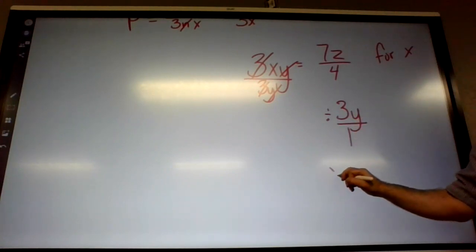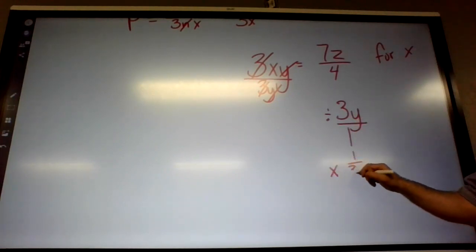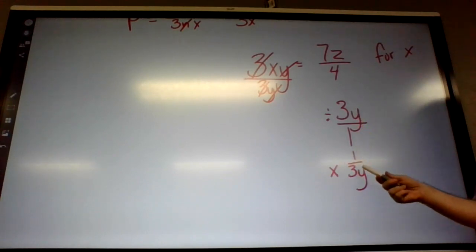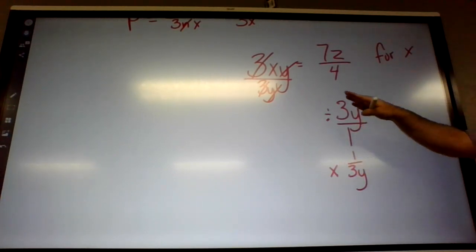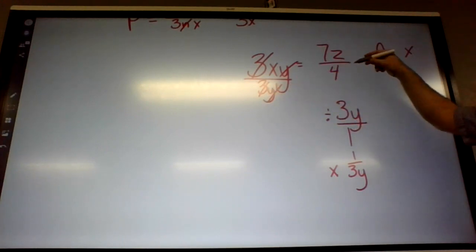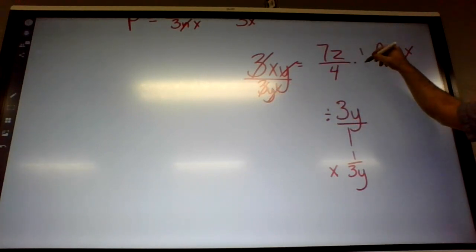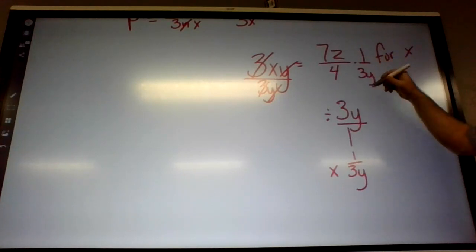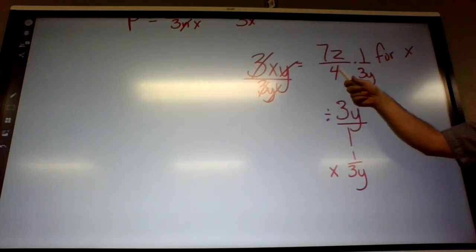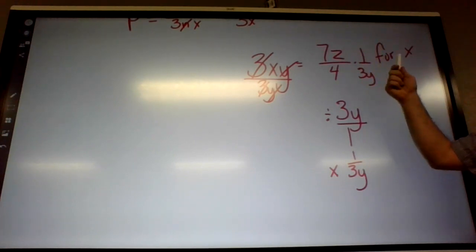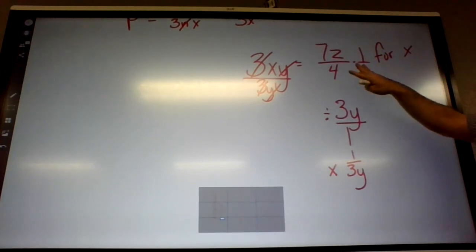How do I divide a fraction? Multiply by the reciprocal. You flip it, make the reciprocal, and multiply. So when you divide by 3y, what you're really doing is multiplying the denominator by 3y. This is going to happen on number 18, maybe a couple others too.